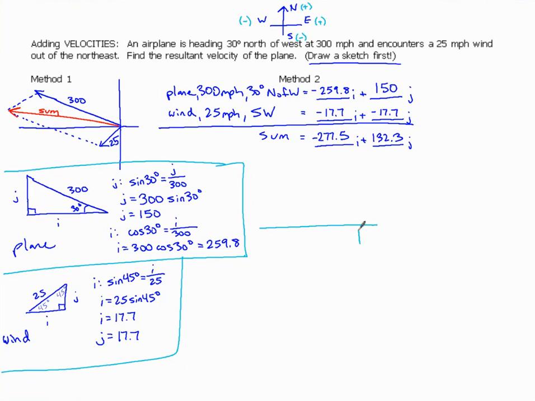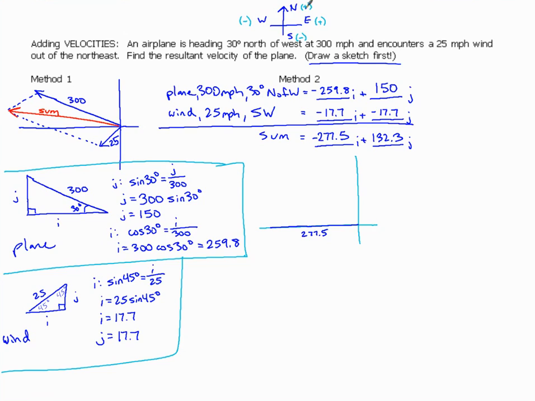So I'm going to draw, here's my coordinate plane. It's going negative 277.5 horizontally. That is west, 277.5. And then the vertical component is 132.3.